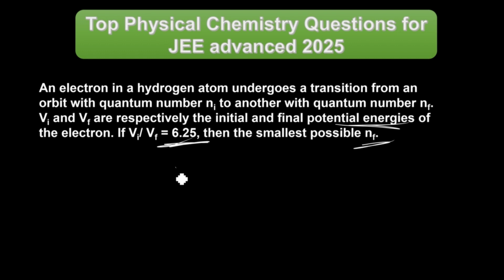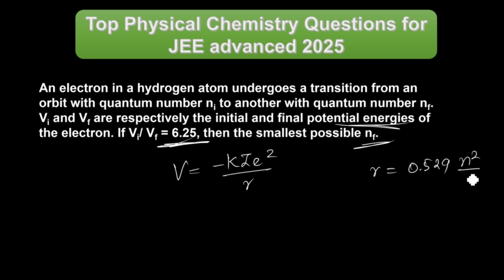Okay, so we know that potential energy is equal to Kze square by r. R is radius. So radius equal to 0.529 n square by Z, correct? So we are going to compare it in the way Vi by Vf, which is inversely proportional to radius.